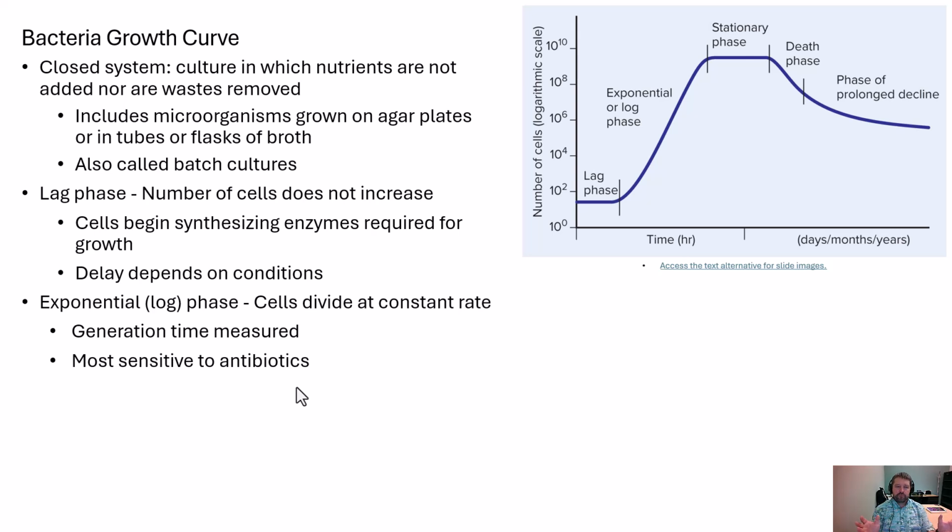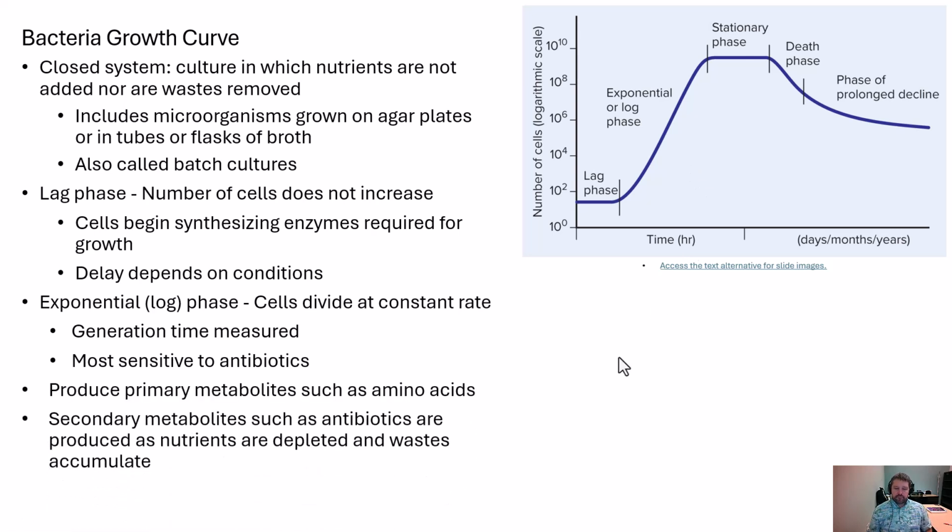So both those enzymes, a lot of those enzymes, are needed for chromosome replication, and so that group of antibiotics will go in and block the enzymes from working. So you basically can't copy the chromosome, and so a great time to use antibiotics is this exponential phase.